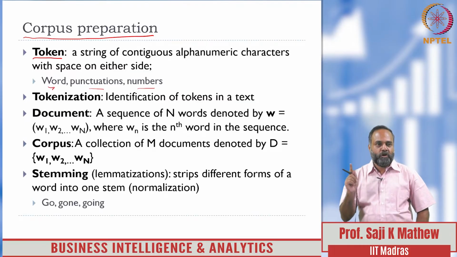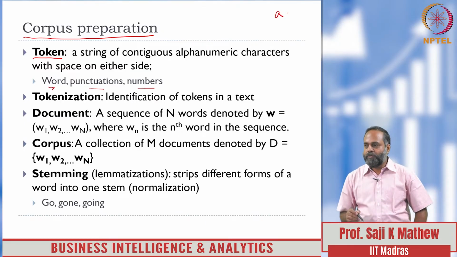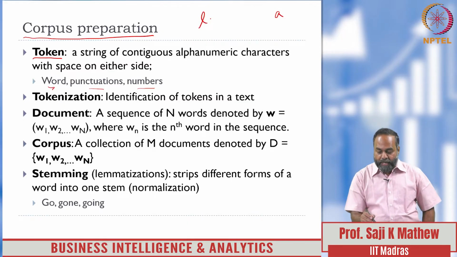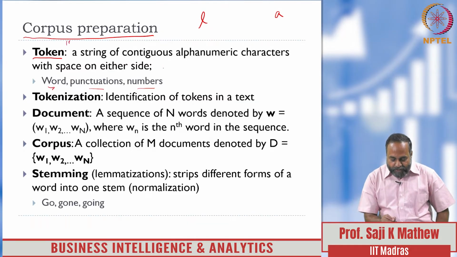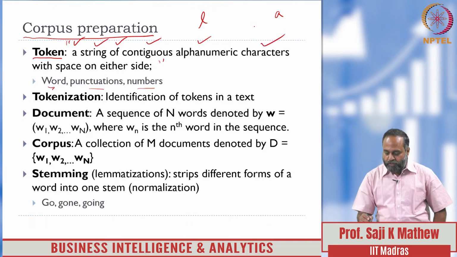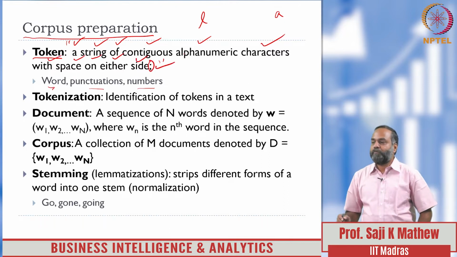A letter is not a token, unless it is a word in itself, like A is a token because it is a word in itself, but an L is not a token. So if I look at this much of a text, A is a token, string is a token, off is a token, and so on, punctuation is a token.